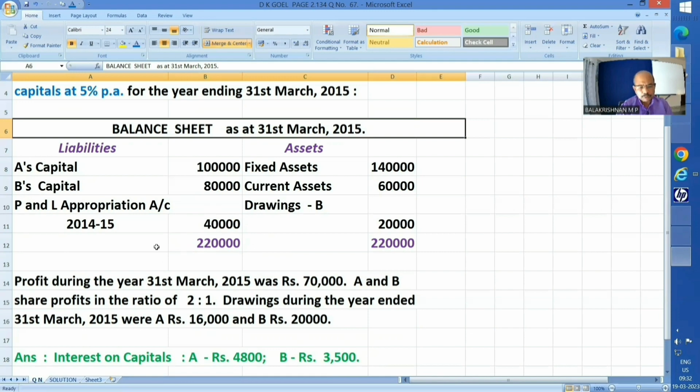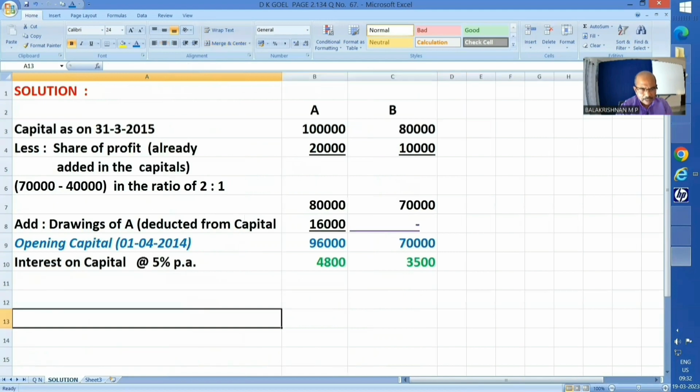That point you should not forget. I repeat, to the extent appearing on the liability side against P&L appropriation account, profit has not been distributed while arriving at this closing capital. Whatever has been distributed only we should adjust. How much has been distributed? 70,000 minus 40,000, 30,000. Hence, that 30,000 we are deducting.